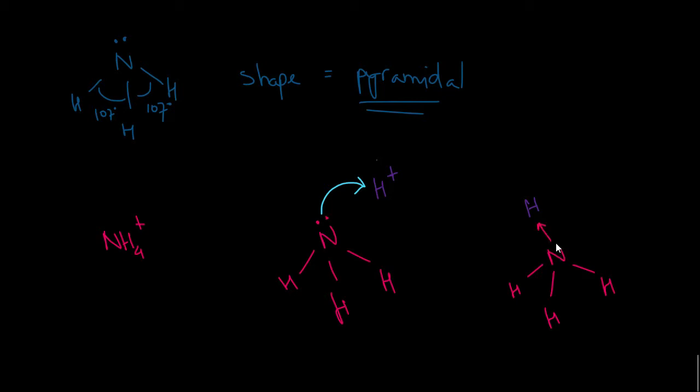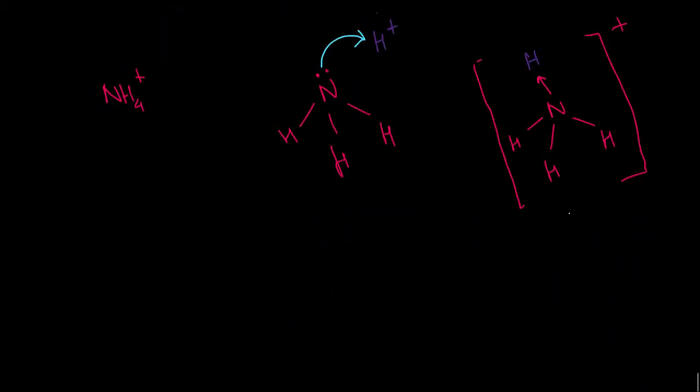That means that the lone pair was given to this hydrogen to form this bond. So this whole molecule is going to have a plus charge, because if you count the number of electrons and the number of protons in each of these atoms, you're going to see that one proton is extra. That is because this hydrogen came into this system with one proton but no electrons. So this whole system has one extra proton than it has electrons. That's why you have a plus charge.